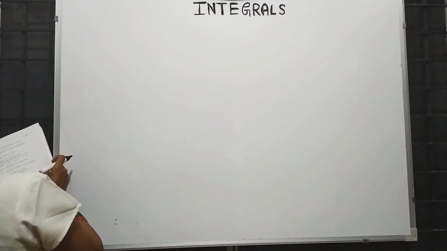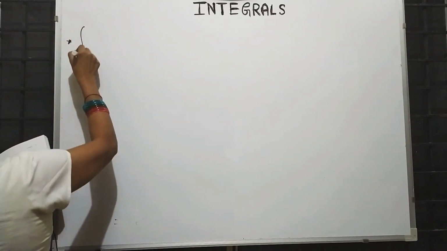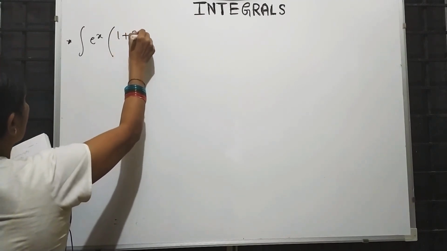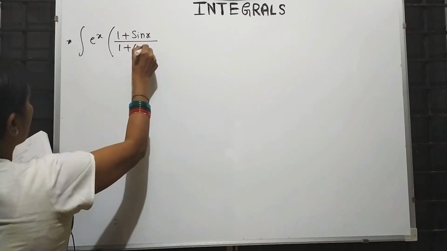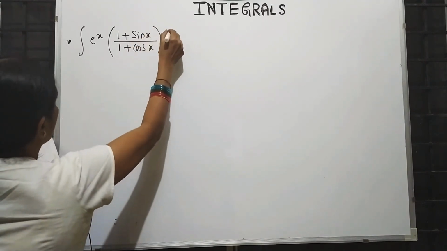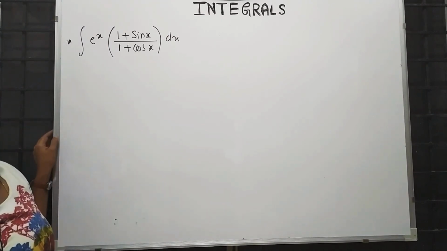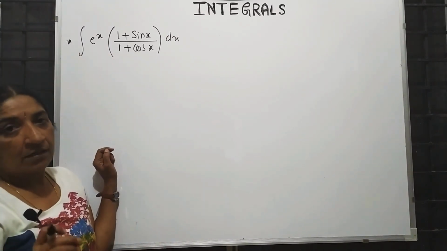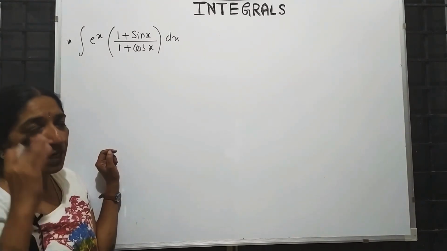Exercise 7.6. Next example. e raised to x in the bracket 1 plus sin x upon 1 plus cos x. See, whatever hint I gave, that hint is for algebraic terms. This is a trigonometric term, and as I told you, in the problem if you see e raised to x, first remember that formula.